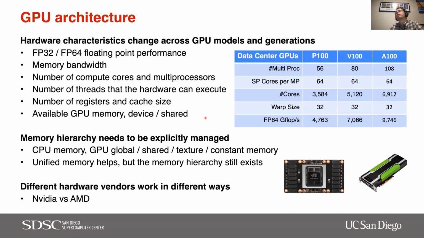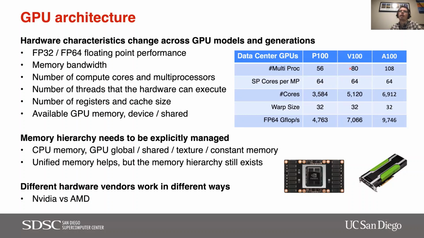So if you look here, those are different generations. So the P100 was in Comet. V100, that's the Volta architecture that we have in Expanse, and that's the Ampere architecture. And there's actually a new architecture now that's been coming out, the Hopper architecture. I don't have data for this on here, but you see the single precision cores per multiprocessor didn't change. You still have 64 cores on each multiprocessor, and the P100 has 56 multiprocessors.